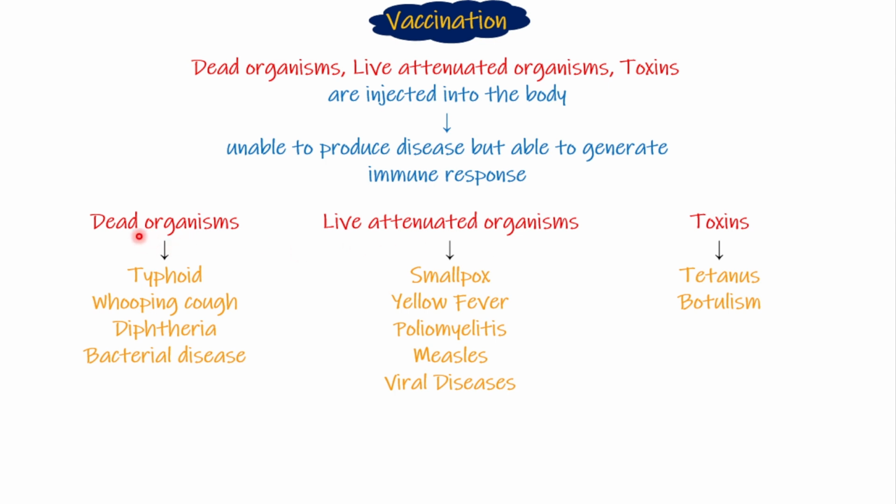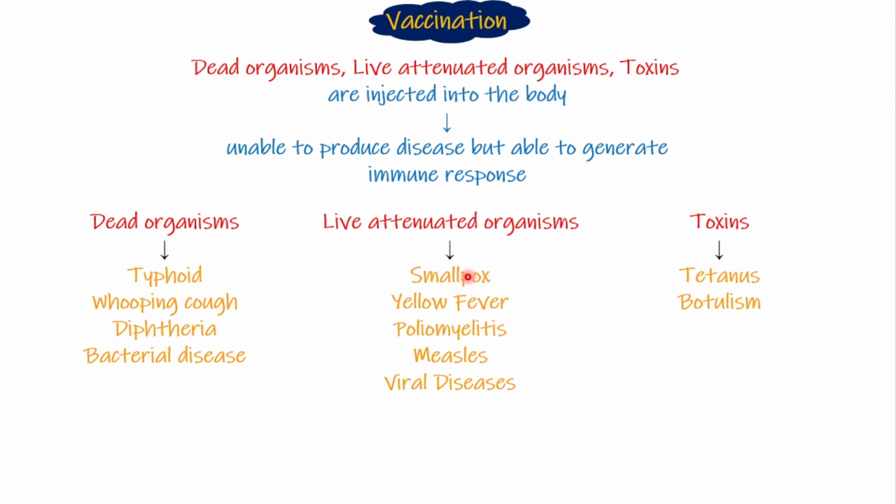Then we have dead organisms. The vaccines having dead organisms include typhoid, whooping cough, diphtheria, and bacterial diseases. So viral diseases are mostly live attenuated vaccines, whereas bacterial diseases have dead organism vaccines.